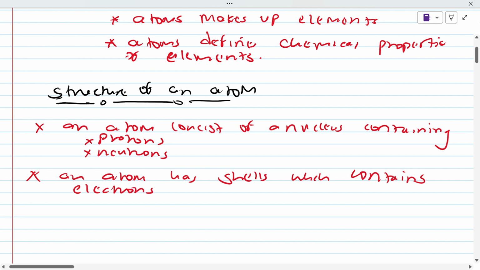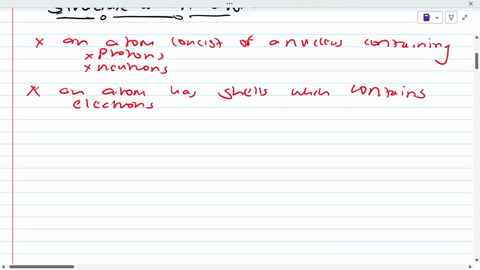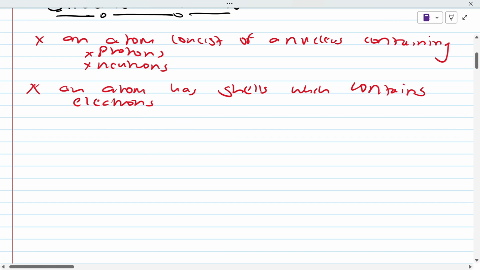Now, I'm going ahead to draw and to give you a sketch of how an atom looks like so that we can understand what we are dealing with.